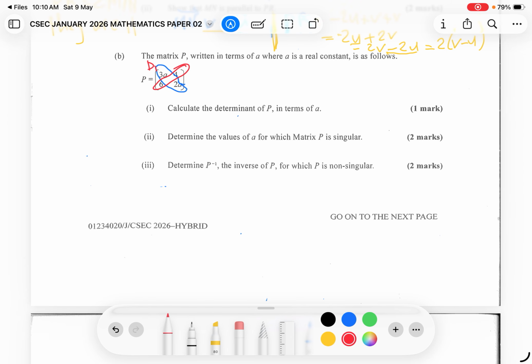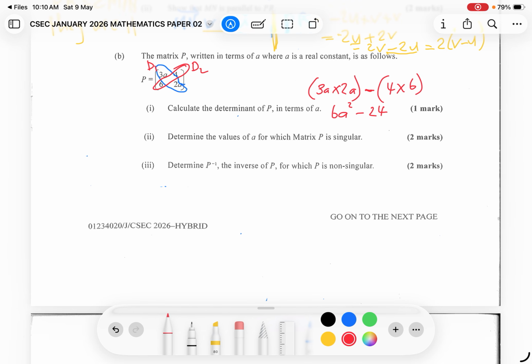So this is diagonal 1 and this is diagonal 2. The specific formula is the product of diagonal 1, that's 3A times 2A, minus the product of diagonal 2, that's 4 times 6. 3A times 2A will give us 6A squared minus 24.